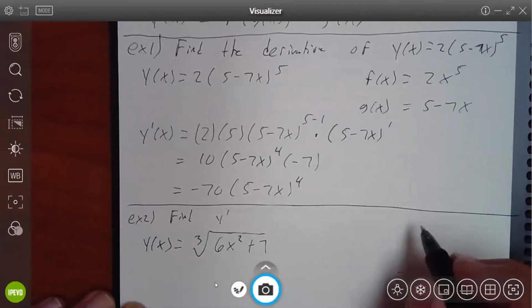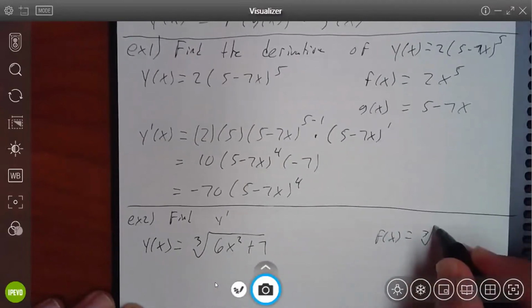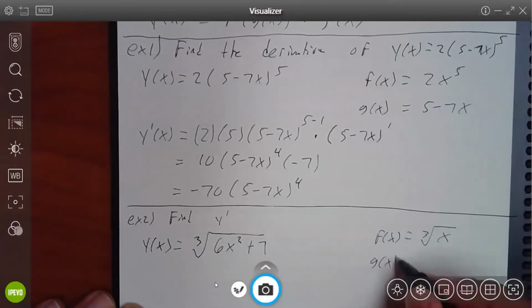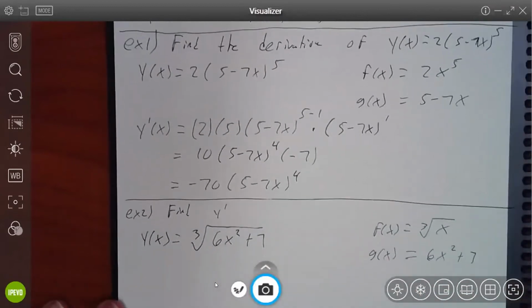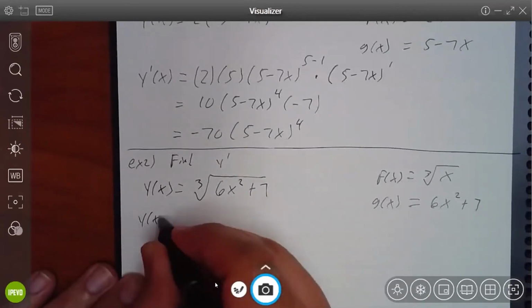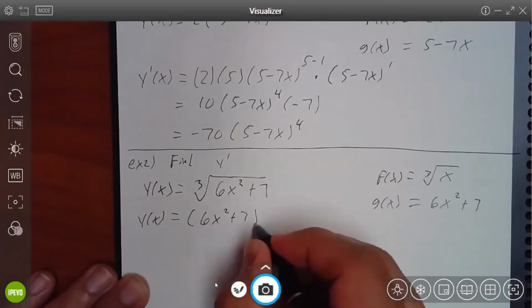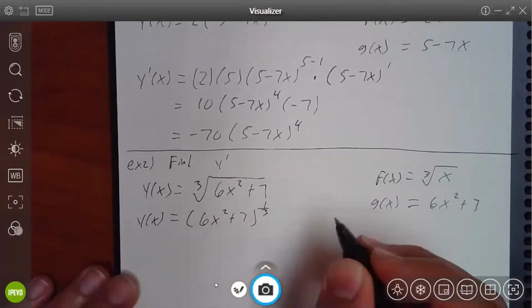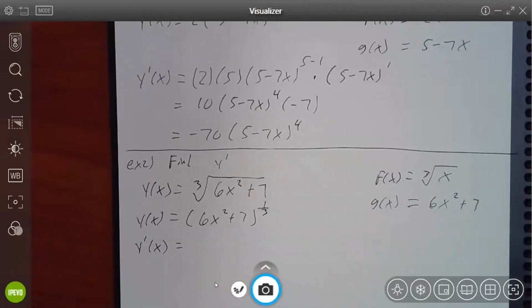So the outer function f is the cube root function, right? The inner function is this inside part. So before you start, you've got to kind of change this to a power, right? So now you start the derivative.